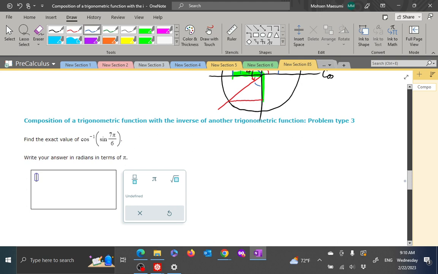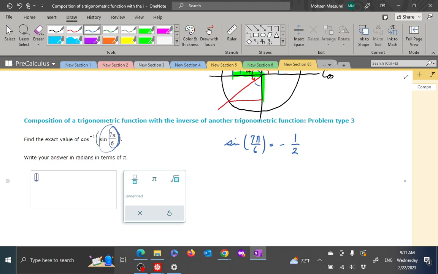Cosine inverse of sine of 7 pi over 6. So again, sine of 7 pi over 6 is pi over 6 after pi, and the sine of it just turns out to be minus a half. Next question: this is the angle, this is the sine of it, which I calculated. What's the cosine inverse of the last number we got?